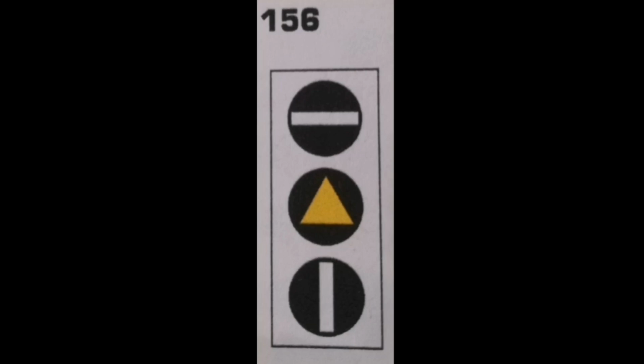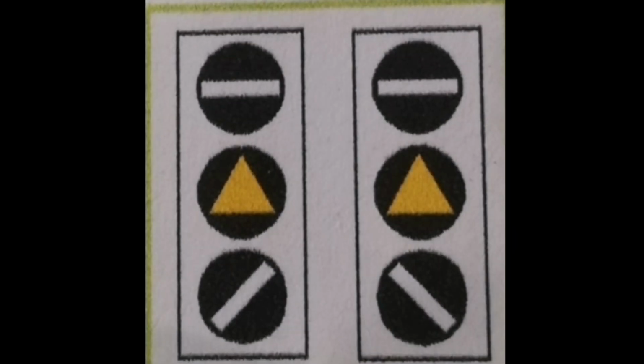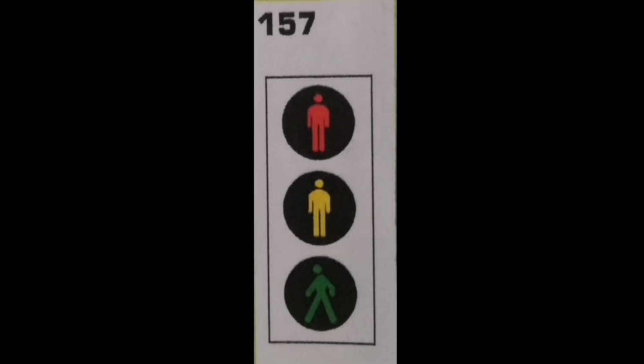The yellow triangle at the middle means ready to stop. Then the down vertical line means go. Same applies here. The down one means go, the middle means ready to stop, while the up one means stop.